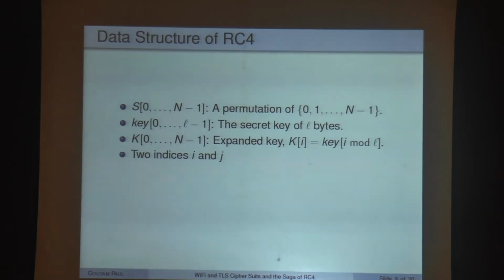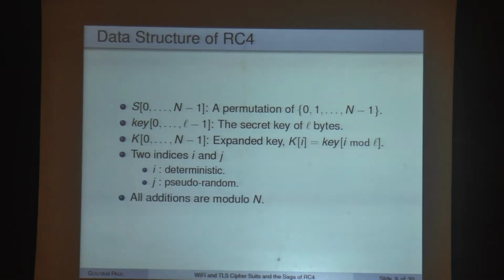More state. Next, we have two indices, I and j, to access the array elements. I is incremented deterministically, j is incremented randomly, and we have a swap between the two indices. That's the main algorithm. All additions will be modulo n, because when you add two indices, you should not have an array index out of bound exception.